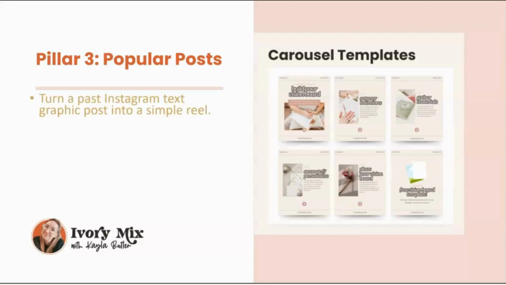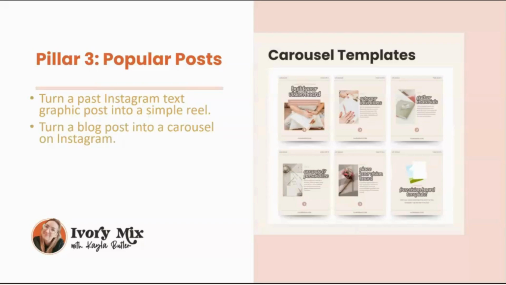So for example, you could turn a past Instagram text graphic into a simple reel by taking the same text that you put on a graphic or some kind of template that you previously used that wasn't a video, and turn it into an animated reel in Canva, or talk to the camera using the same topics and information, but expanding upon it.